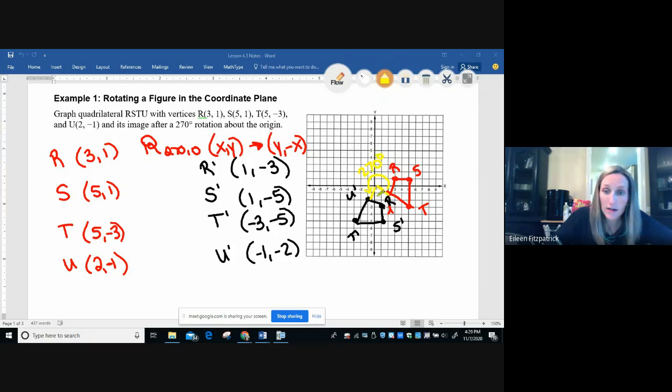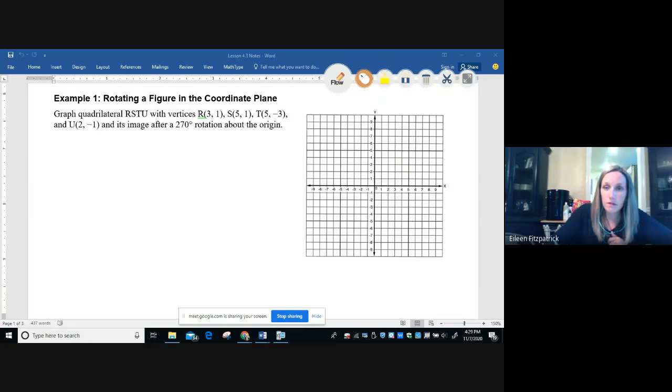It does, okay? And you could do the same thing from R to R prime. Connect them to the center of rotation and see if it looks like a 270 rotation. Also, U and U prime should be the same distance away from the center of rotation, which they do appear to be, okay? All right, let's keep on moving.